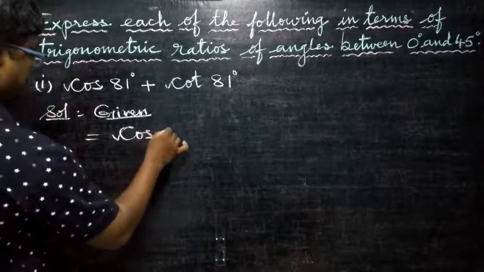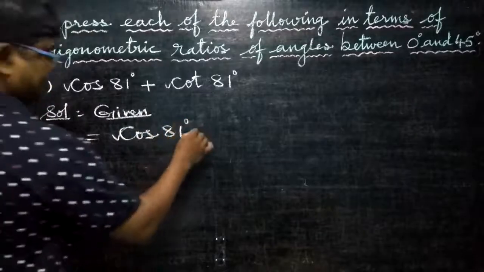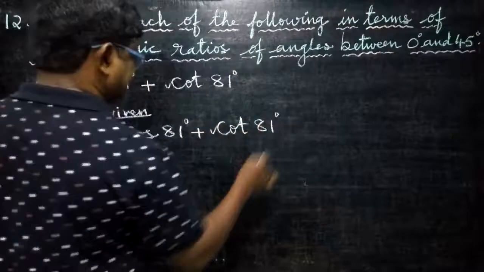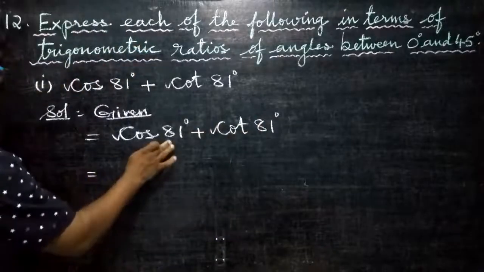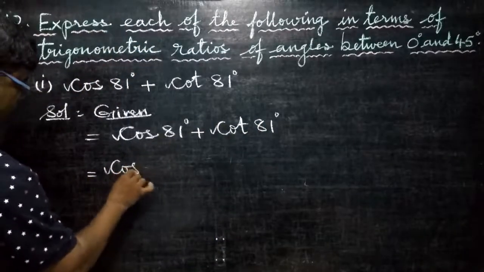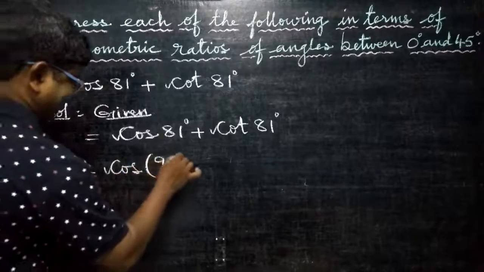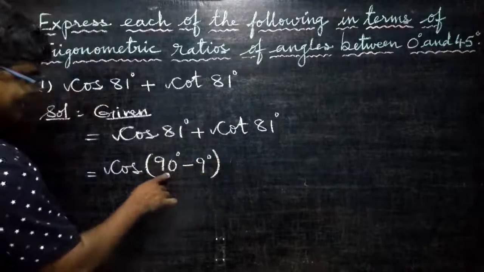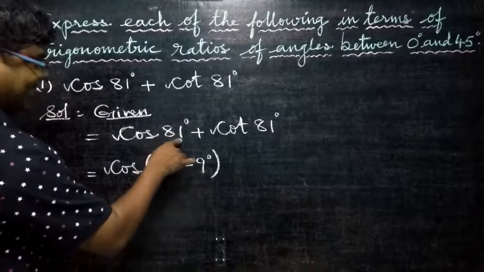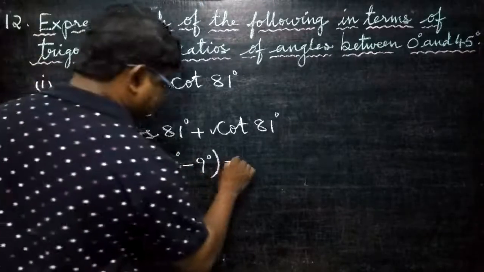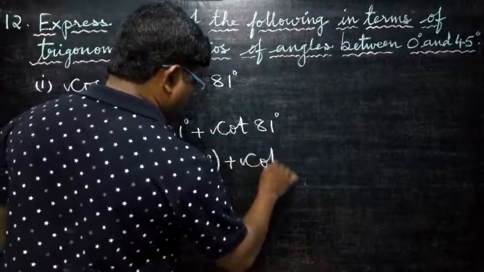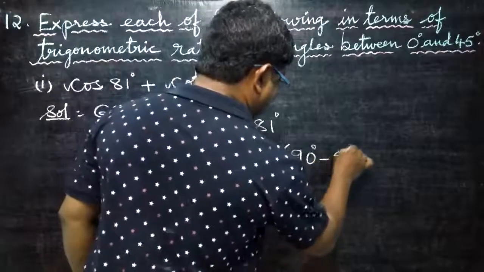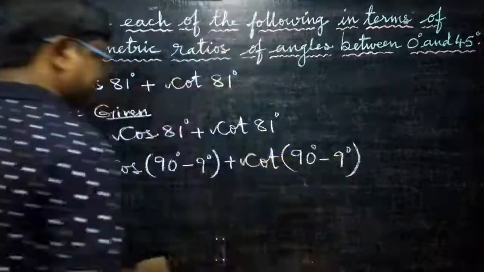Cos 81 degrees plus cot 81 degrees. We can write as cos of 90 degrees minus 9 degrees, since 90 degrees minus 9 degrees is 81 degrees, plus cot of 90 degrees minus 9 degrees, same 81.